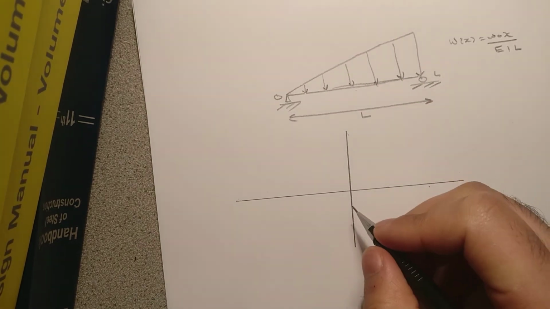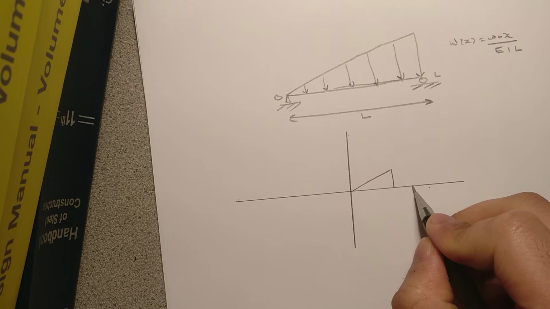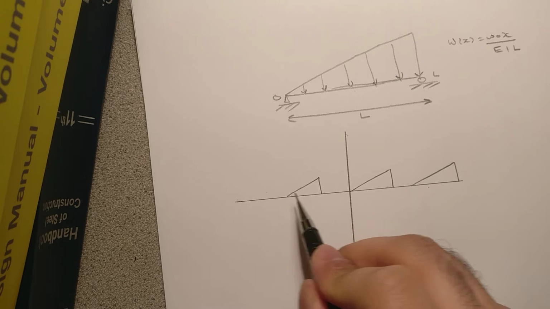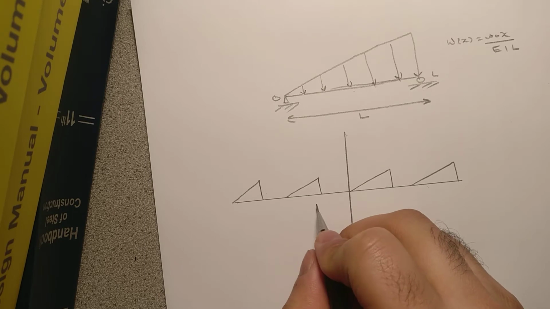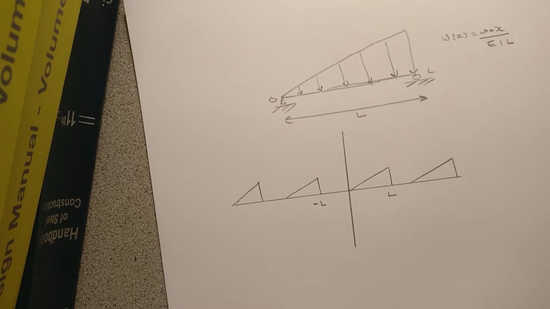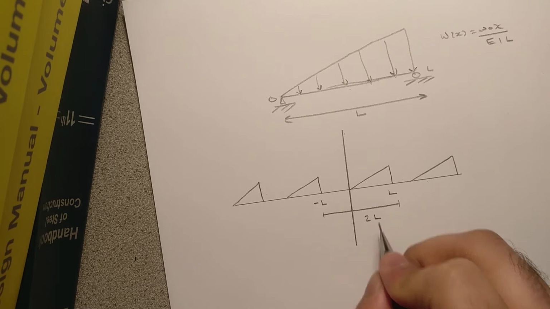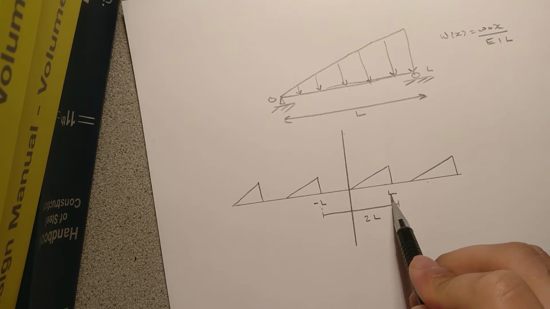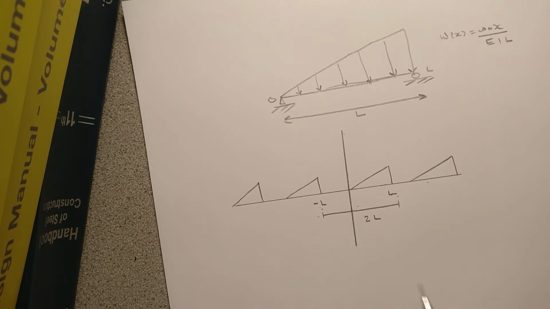If I have something that looks like this, and then something like this, and something like this, I want to figure out, going from negative to positive, what is this? In this case, it's 2L. So I'm going from the negative part of this to the positive part of this. So L and then another L equals 2L.